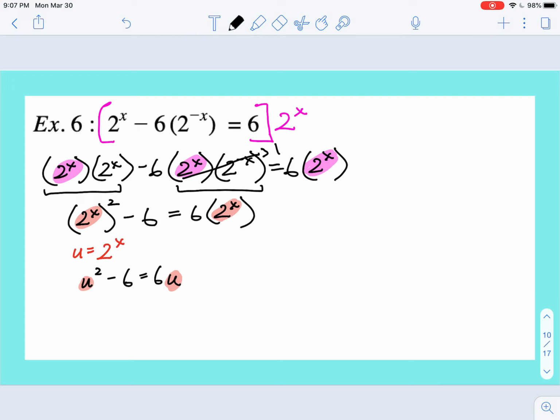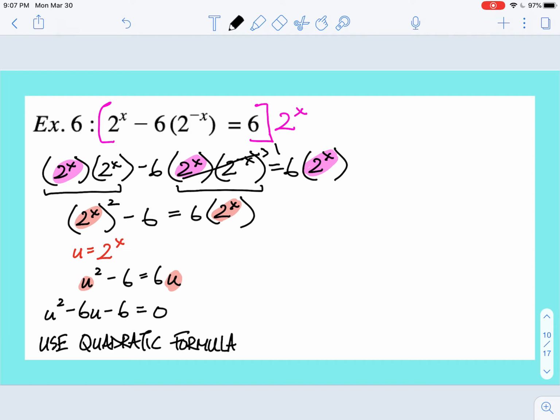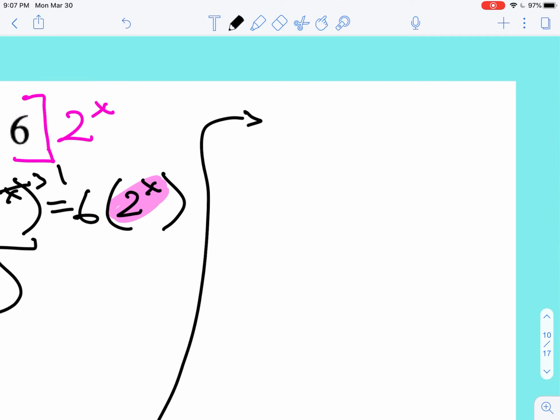Now I notice that I've got a quadratic here, so I'm going to move everything to one side and set it equal to 0, because that's a good strategy to use anytime we're working with a quadratic. And I notice this time that it's not factorable, so I'm going to need to use the quadratic formula. All right, so let's bring that all the way up here.